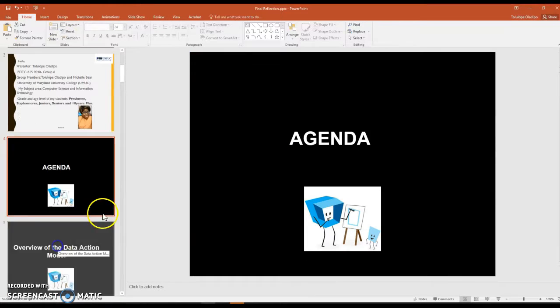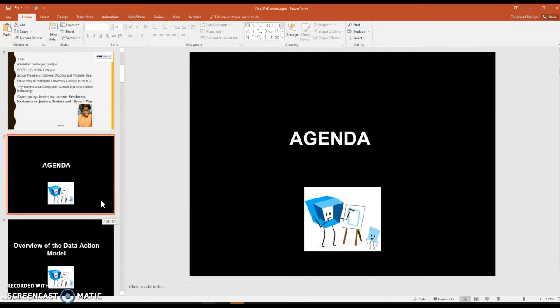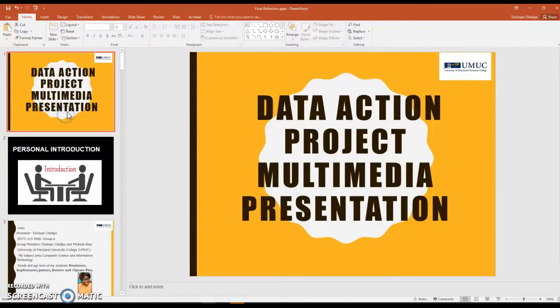Before I begin, I'm going to take you through the agenda. What we're going to discuss today, first of all, I'm going to give you the overview of the data action model. I'm going to show you the processes and the data collected by my team. I'll show you the target learning goal, the evaluation metrics we use, the artifacts collected, action planning tracking sheets, action plan revised.